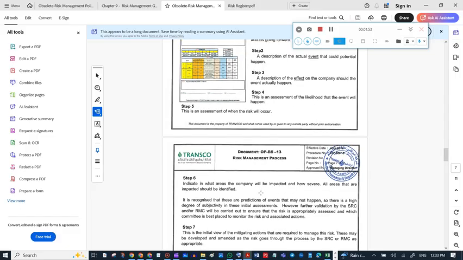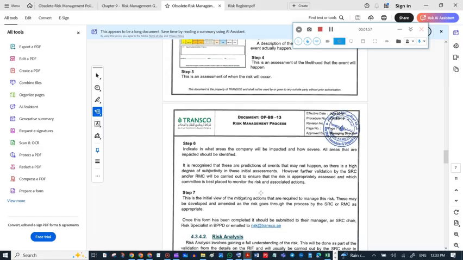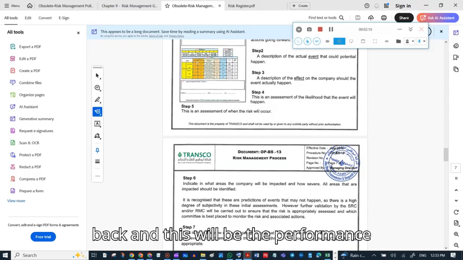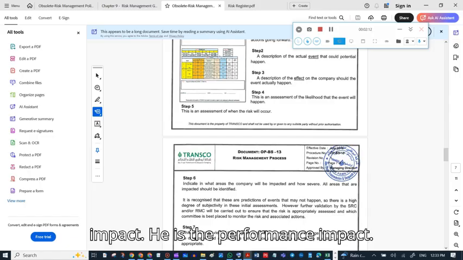Time, cost, performance. This is the cost impact, and this is the performance impact.